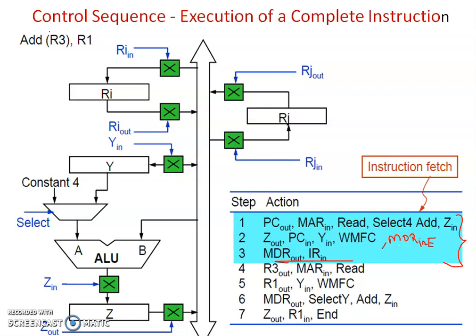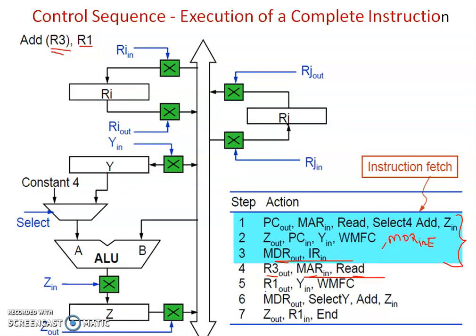Then what is the thing we need to do? We need to fetch the data from the R3, from the memory location stored in R3. So for that, R3 out will be initiated, MAR will be loading that address, again initiate the read control signal. Okay. Now R1 also is required.